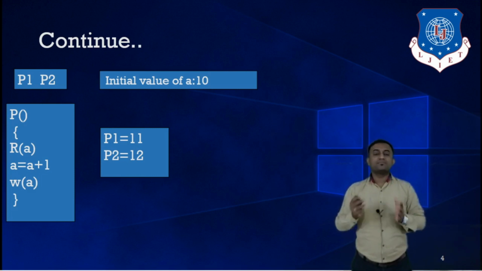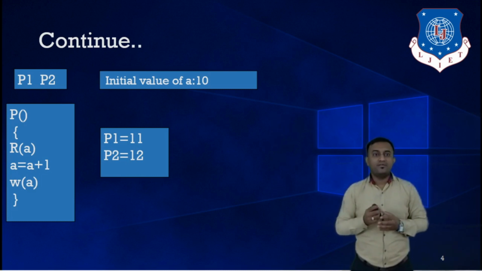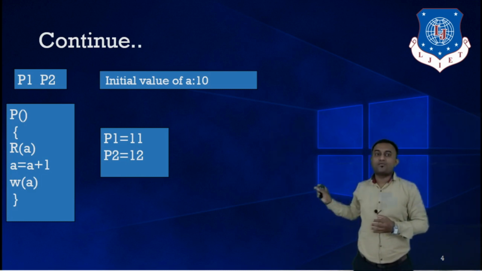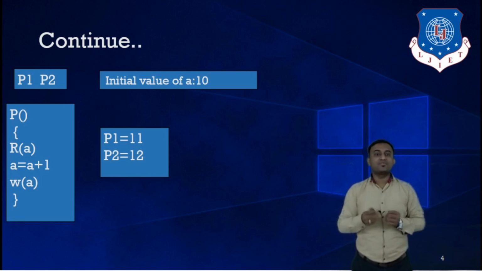This logic is very simple. If you execute this set of code two times, definitely the answer would be 12, because the initial value was 10 and you are incrementing it twice.